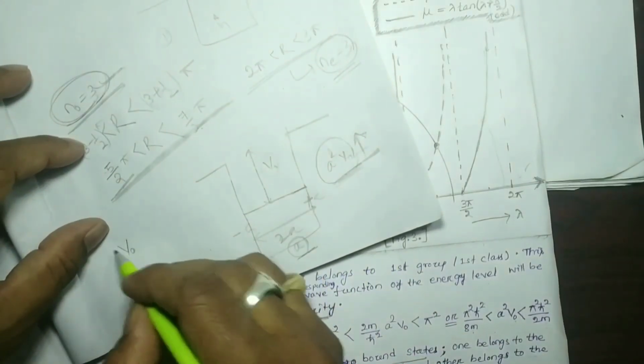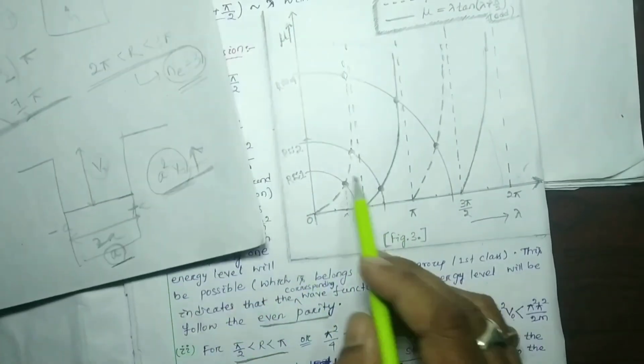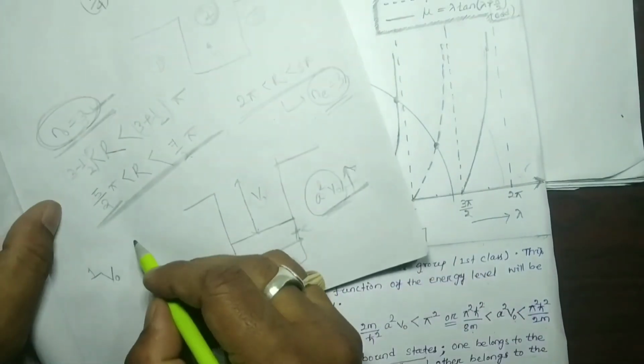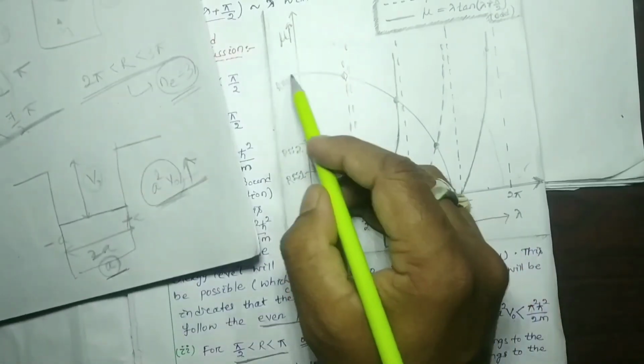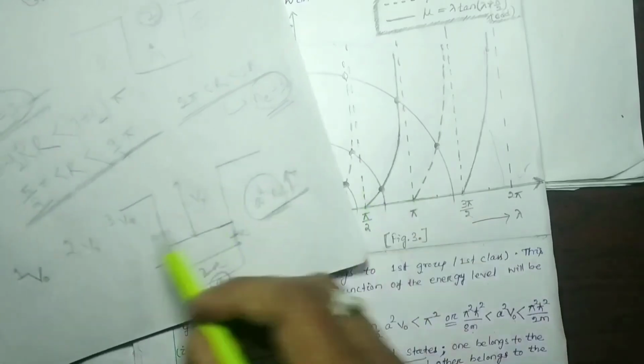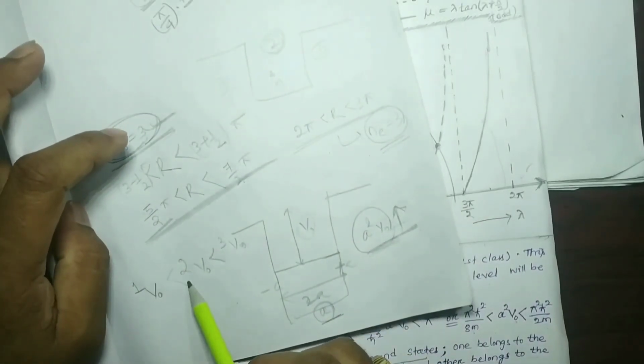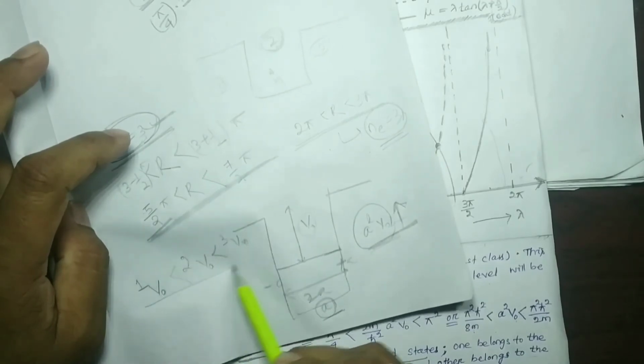Suppose this is 1 V0, for this one is 2 V0, for this one is 3 V0. Here 3 V0 is greater than 2 V0, which is greater than 1 V0.